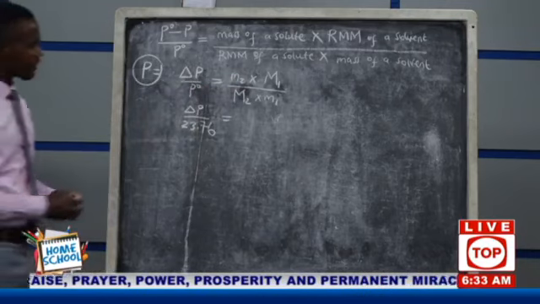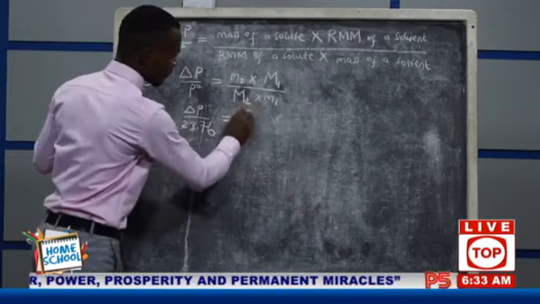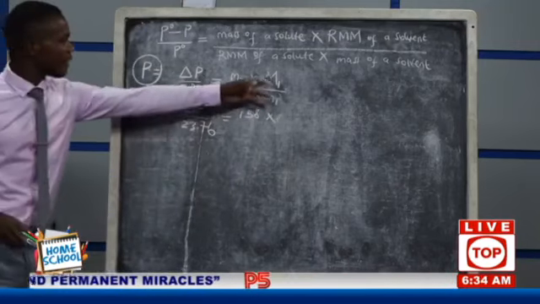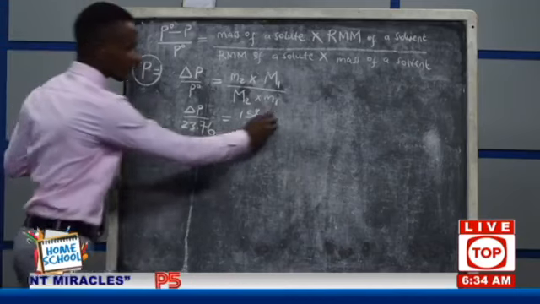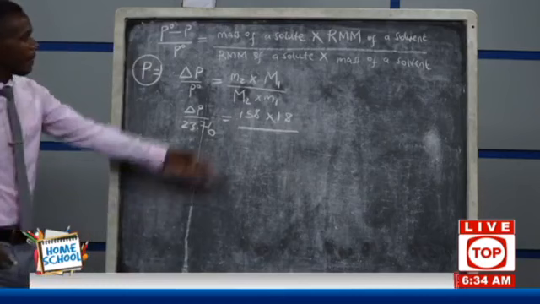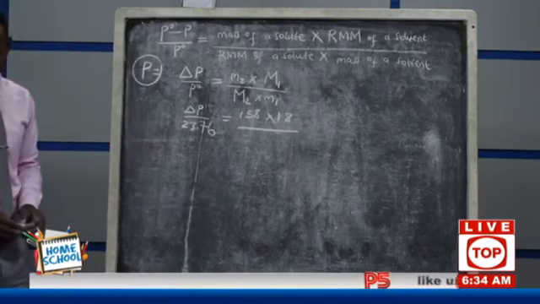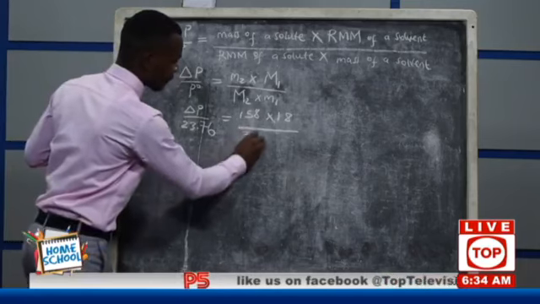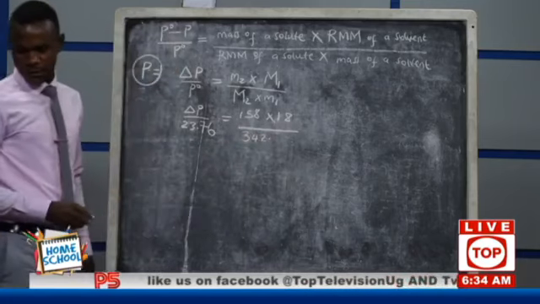Mass of the solute has been given as 158 times the relative molecular mass of the solvent. We have also seen it as 18, divided by relative molecular mass of the solute, which has been given as 342.3.